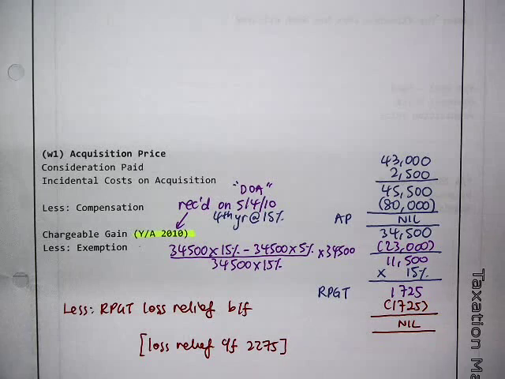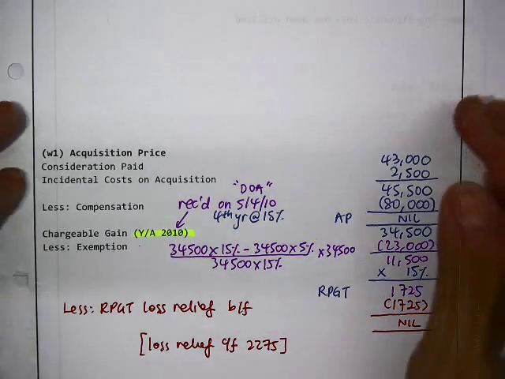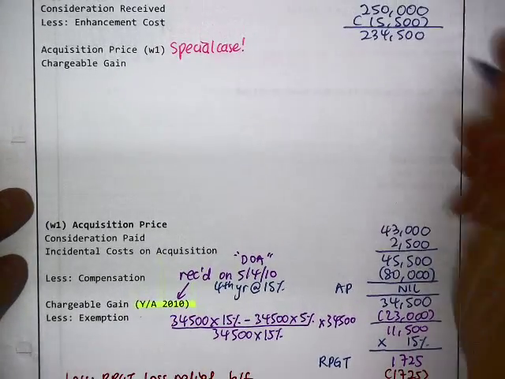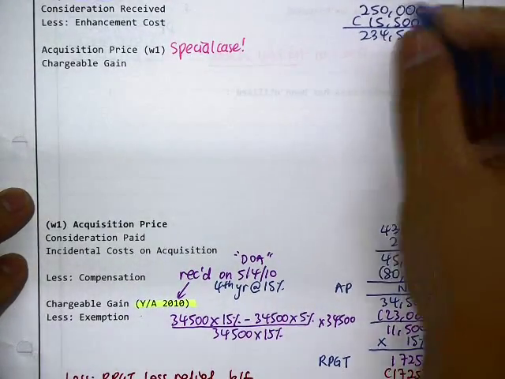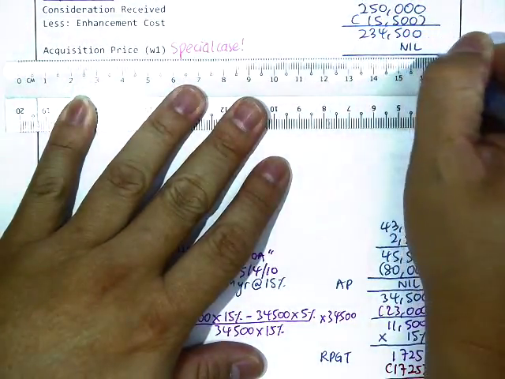So actually you have no tax to pay. Okay, now then you will have your loss relief carry forward. So 4,000 minus 1725 will be 2275.